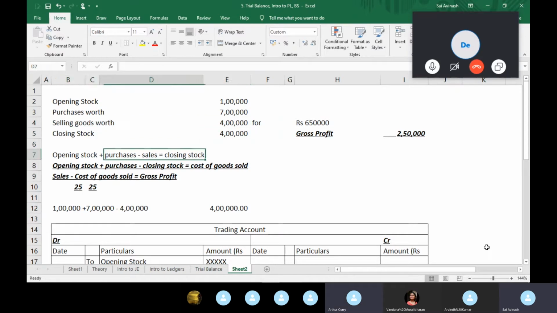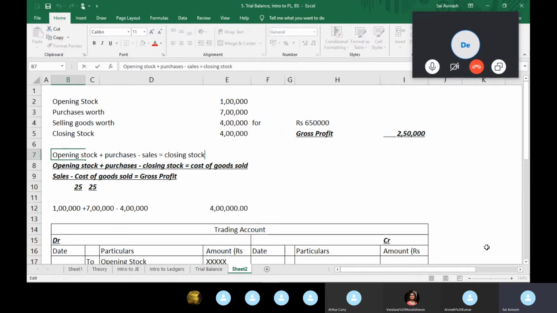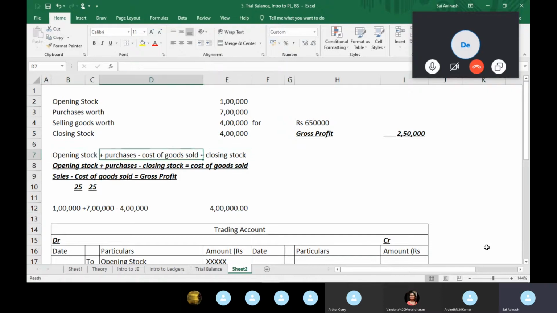So this is just to make you understand. This is the right way of saying it, or rather, I should in fact put it as cost of goods sold. That's the right way to say it, because the moment I say sales, you're going to think of the sale value and put that number under minus sales. That's wrong. When we solve these two equations, you had written sales instead of cost of goods sold in the first equation.